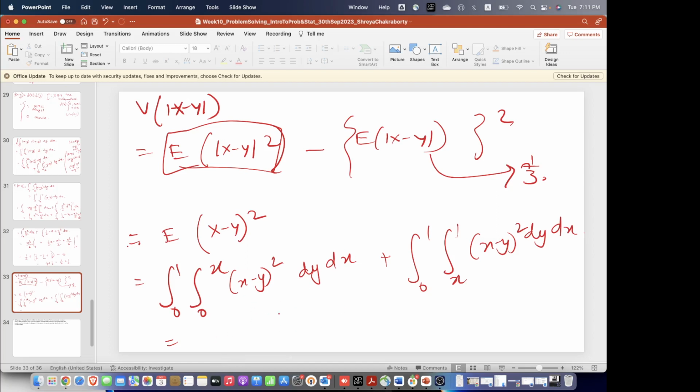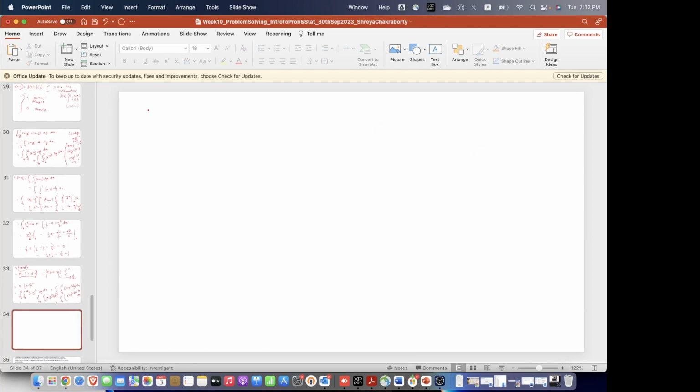Instead of doing this, we can just write here 0 to 1, x minus y whole square dy dx. Okay, so we have clubbed these two together. So we have 0 to 1, x square plus y square minus 2xy dy dx. Okay, so we will solve for it. We will see what it comes to.